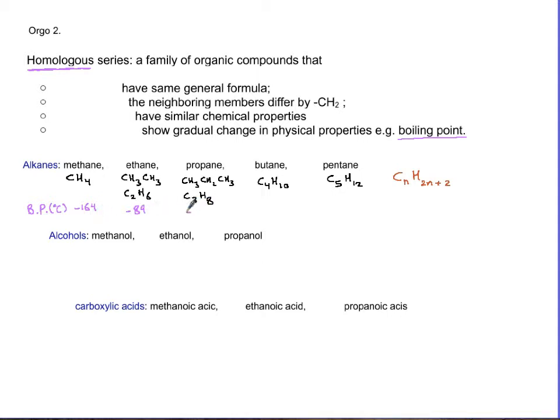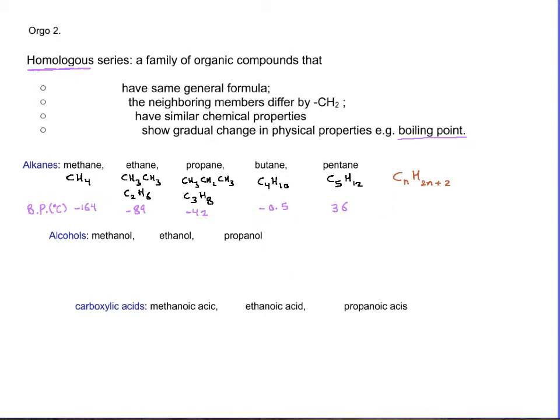Propane is minus 42. Butane is minus 0.5 degrees Celsius. And finally, pentane is becoming a liquid, with a 36 degrees Celsius boiling point. Room temperature being 25, the first four members are gaseous with a gradual increase, and the fifth one is a liquid, also a gradual increase.